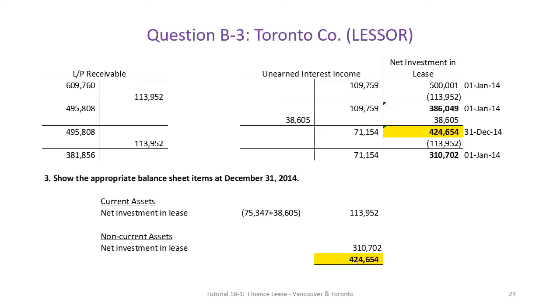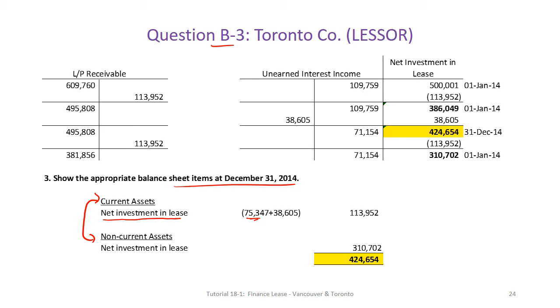Not the case. And our last requirement here is to show what this looks like on the balance sheet for the lessor. So what the lessor has is an investment in the lease, which could also be called lease receivable. That's not uncommon. Its investment in the lease is basically the principal portion. The lessor also separates this into current and non-current elements.